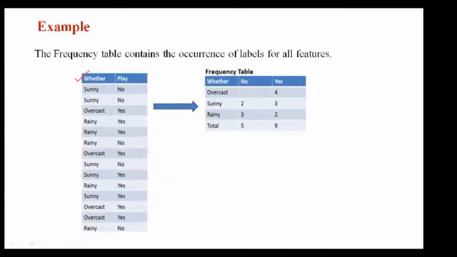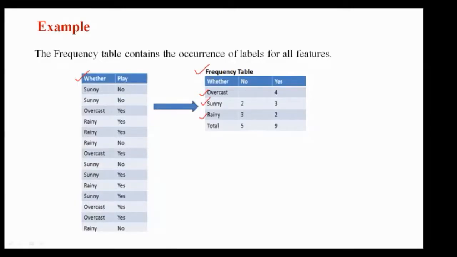Here we are finding only for one attribute, and the frequency table is written here. For this weather attribute, weather can be overcast, that is cloudy, it can be sunny, or it can be rainy. Now we'll check the output label for this weather condition.